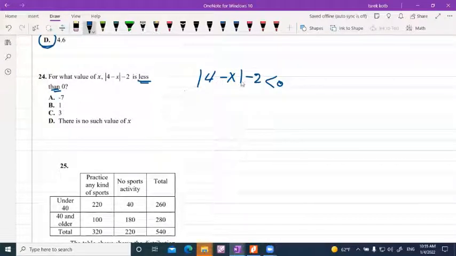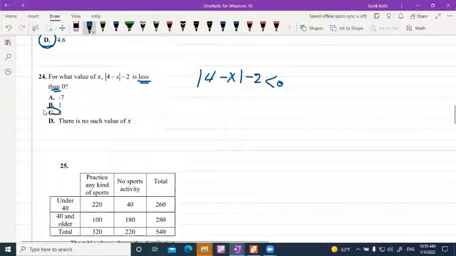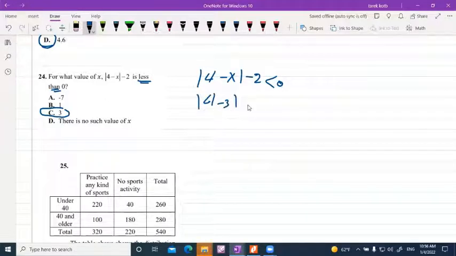It will be number C, which is 3. Because 4 minus 3 minus 2 less than 0. Let me see. 4 minus 3 equals 1. 1 minus 2 equals negative 1. Negative 1 less than 3. True. So you just follow the plug-in technique here.